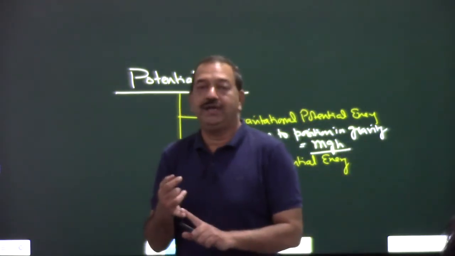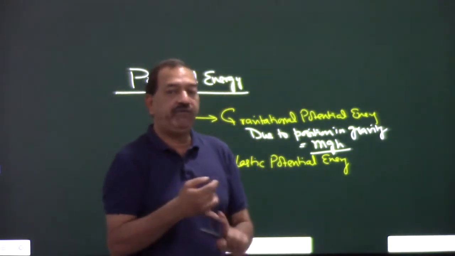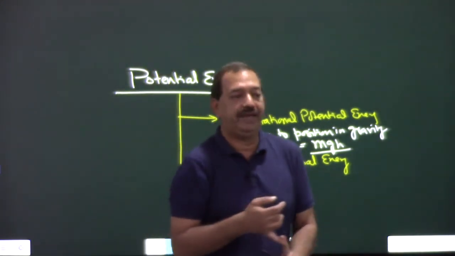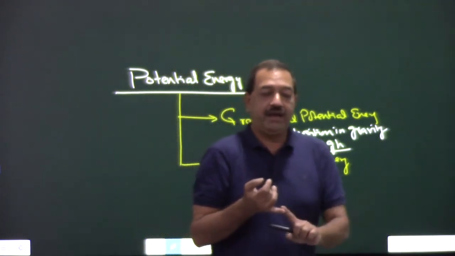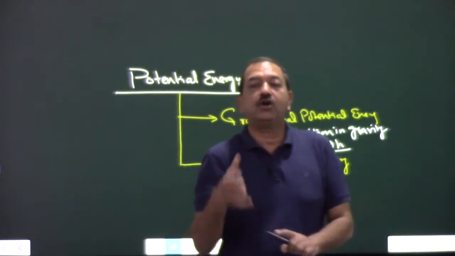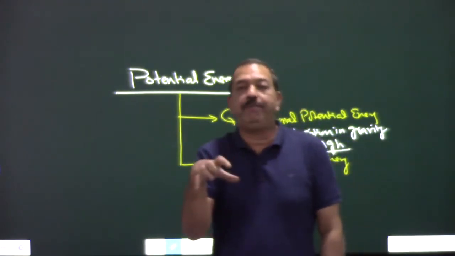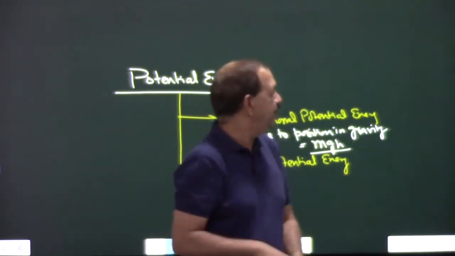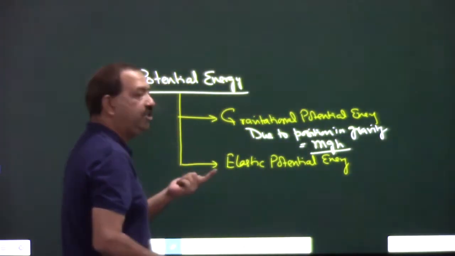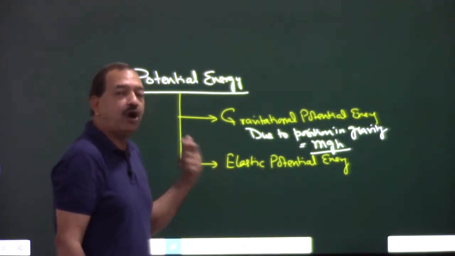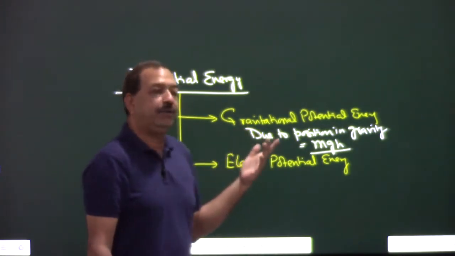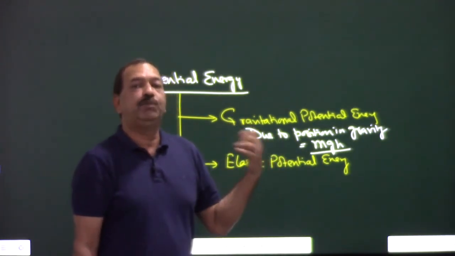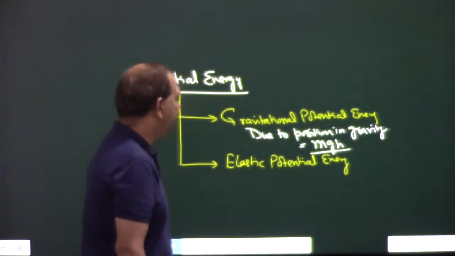This is also known as energy because of deformation, or energy of deformation. So this is the energy of the object due to its configuration, meaning the shape or the size of the object. So elastic potential energy depends on the configuration, shape or size of the object, while gravitational potential energy depends on its position in gravity.